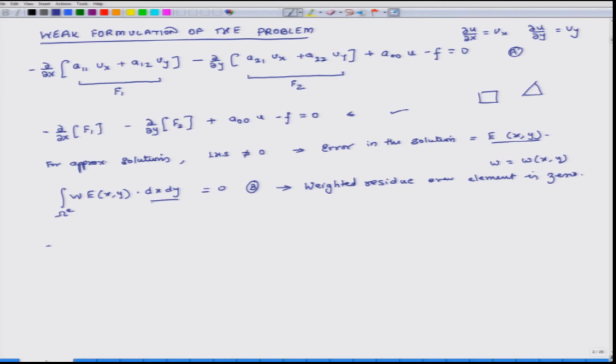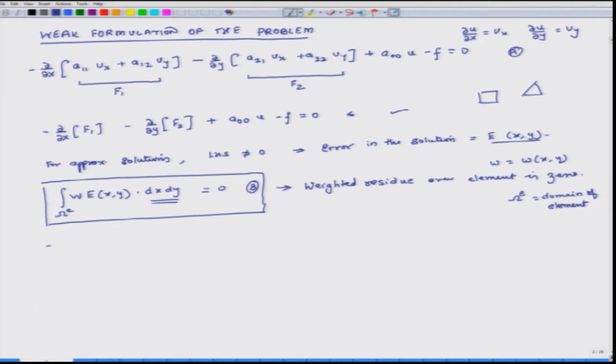That is why we have two terms dx and dy, and this omega e, where e stands for element, represents the domain of the element. So, omega superscript e represents the domain of the eth element. This equation is specific to an element; for another element it will be a different equation. This is important to understand.